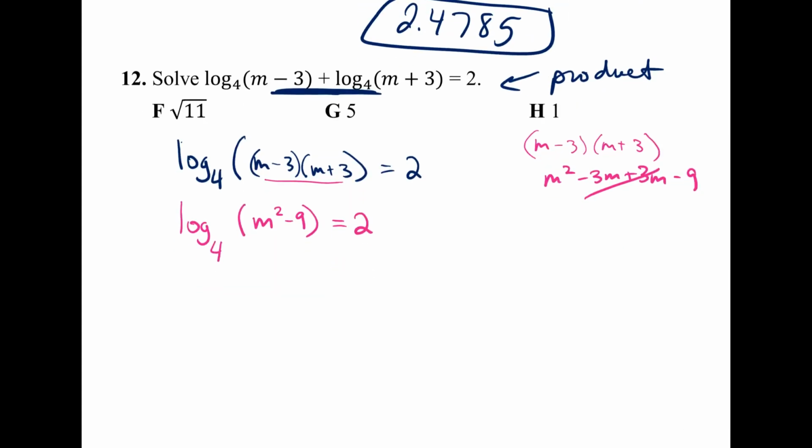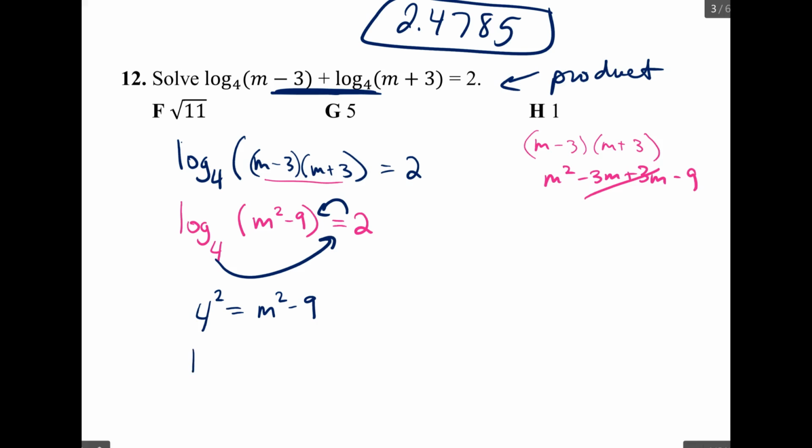I don't know, what do we do next? Do the wheel. That's a really good idea. So that's 4 squared equals m squared minus 9.